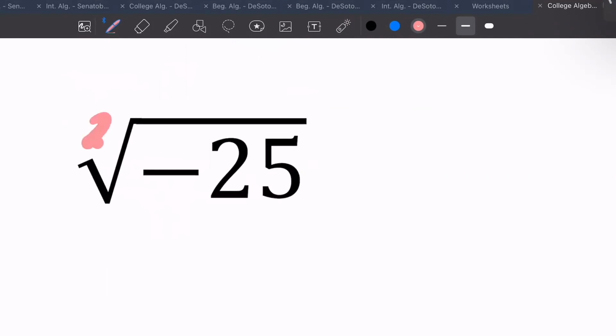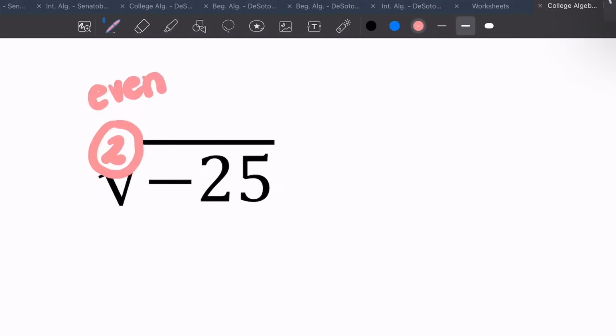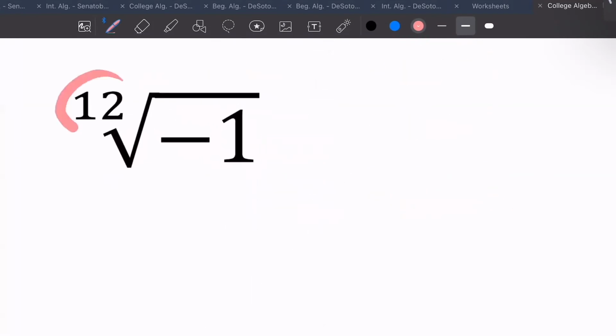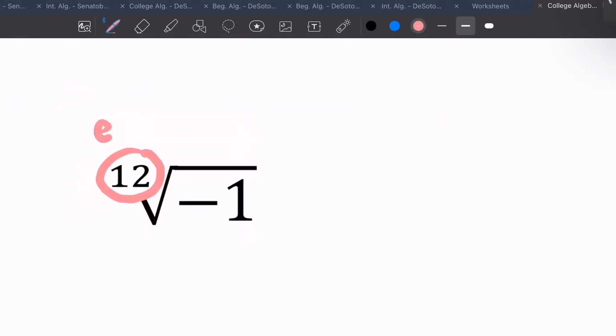The square root of -25, this is even, so we get error. This is even, so we get error. 12 is even, so we get error.